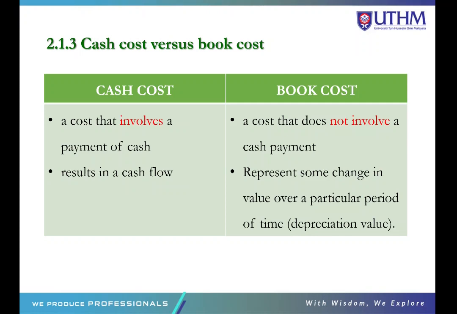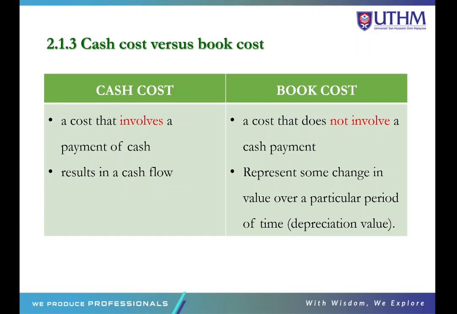The next category of costs is cash costs and book costs. Okay, a cash cost is a cost that involves a payment of cash, resulting in a cash flow. Okay, it's obviously in a cash flow form. But the book cost is a cost that does not involve a cash payment.